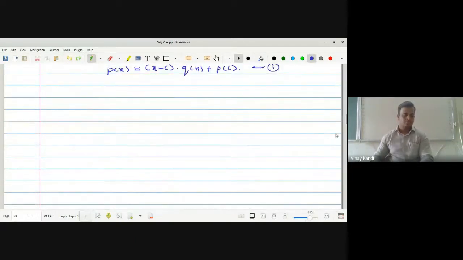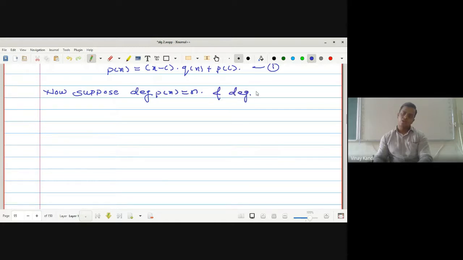Okay, now suppose the degree of p of x is equal to n and the degree of q of x is equal to m.